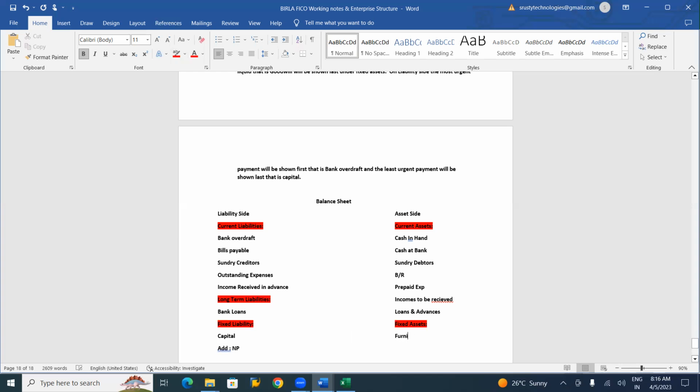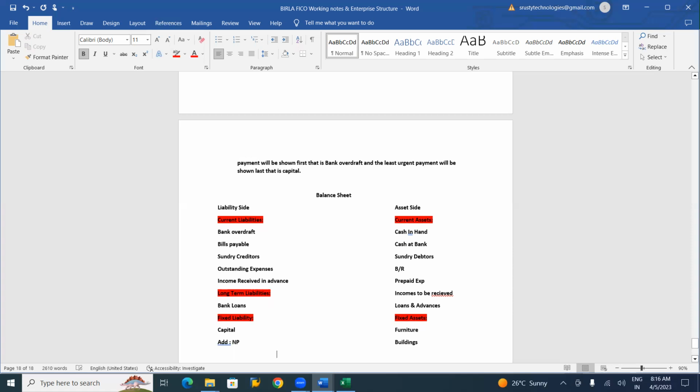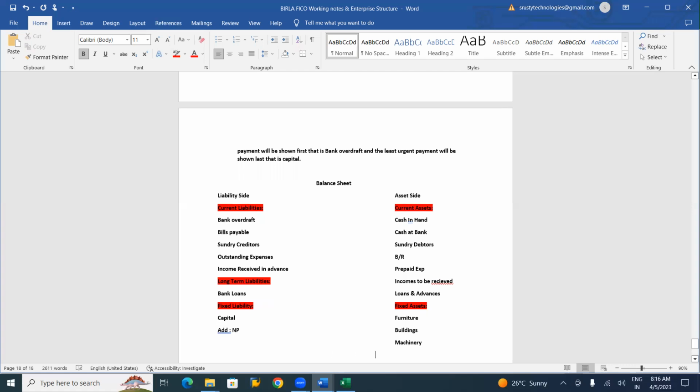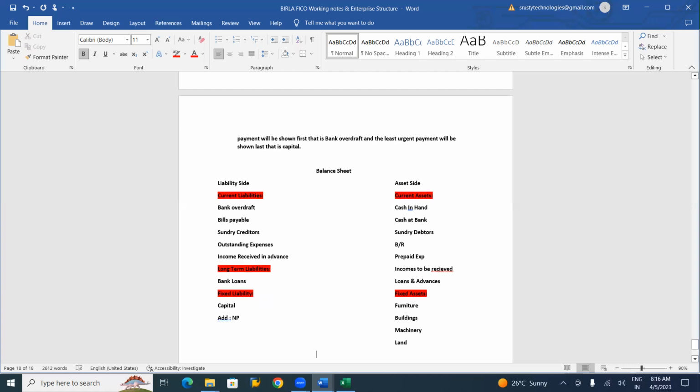It could be anything, but furniture, buildings, land or machinery. Last but not least, we need to show the intangible asset. That is nothing but goodwill.